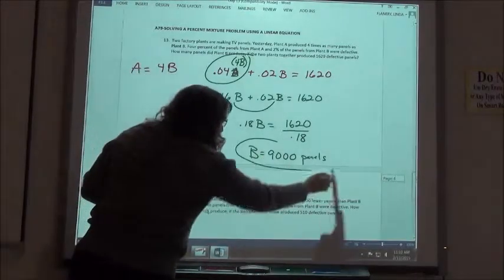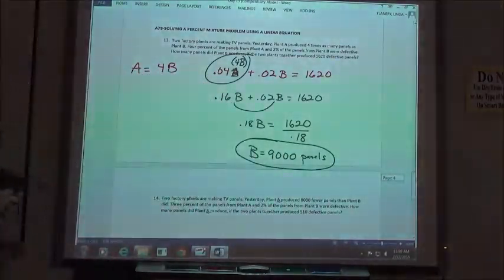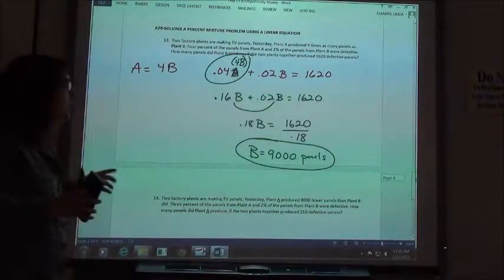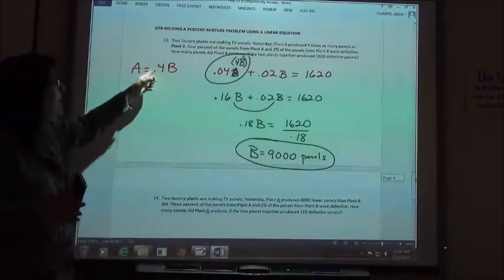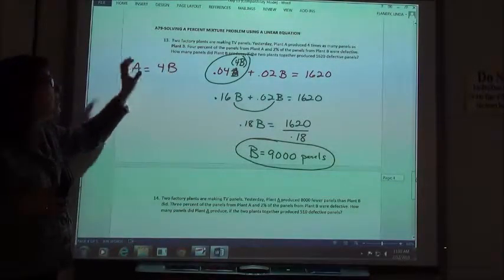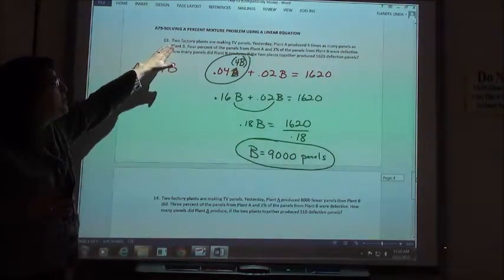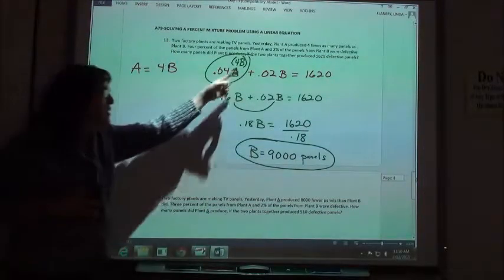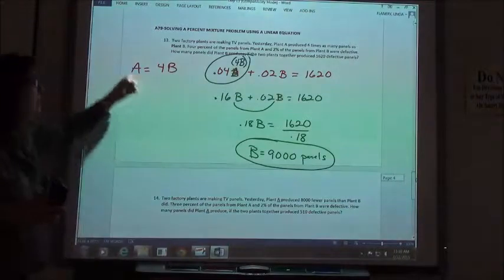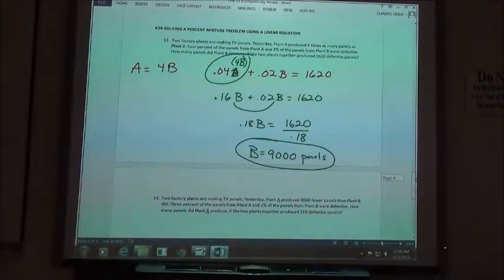B is what we found, 9,000 panels. Had it asked me for how many A produced, I would have had to go back up here and take 4 times the 9,000. So again, you have to be careful that you answer the question they ask. Just because you got to the end doesn't necessarily mean that's the one they want. They could be asking for the other thing. So pay attention to that.